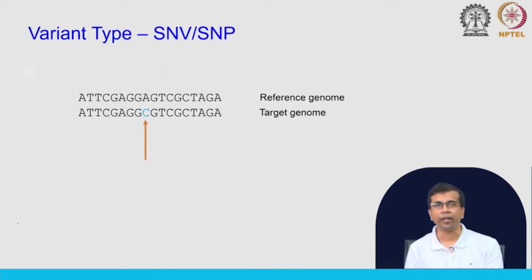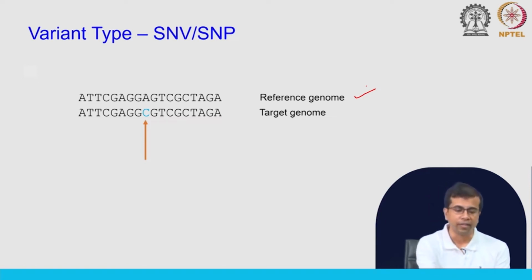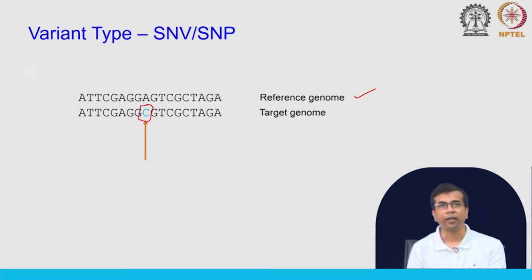So, the first variant type is the SNV or SNP. Okay. So, here is a very small example of the reference genome, as you can see on top. So, we have the reference genome here, and then we have the target genome or the genome that we are working with, and we have mapped against the reference genome. So, here you can see this space in blue that is actually different from the reference genome.